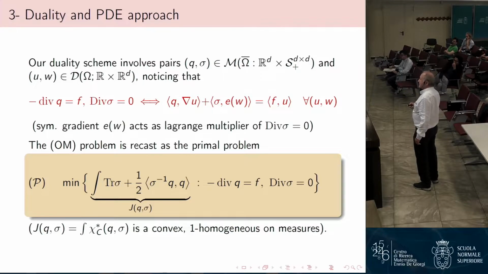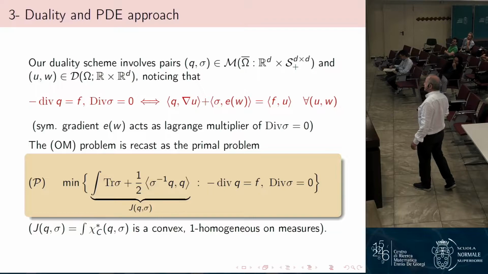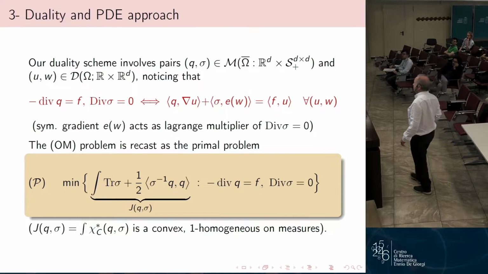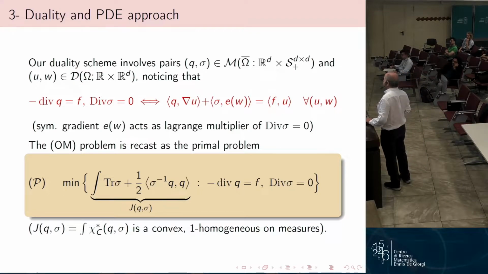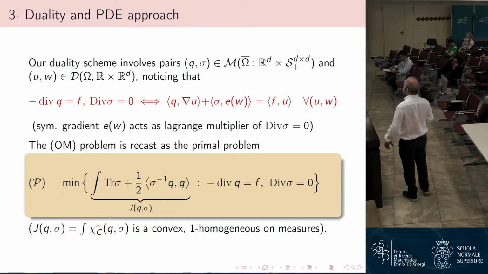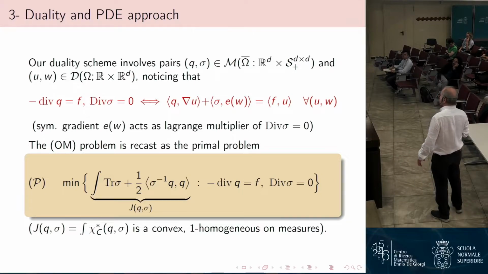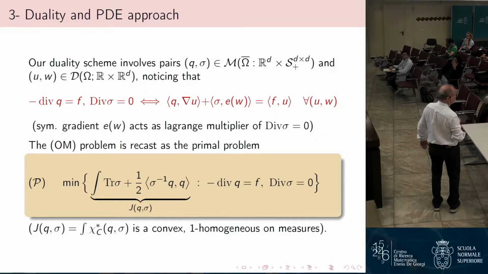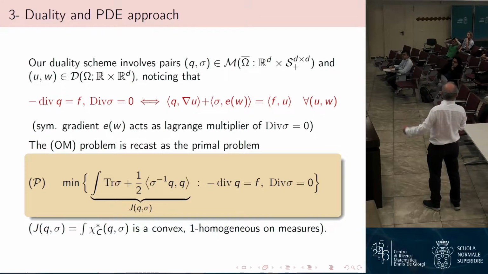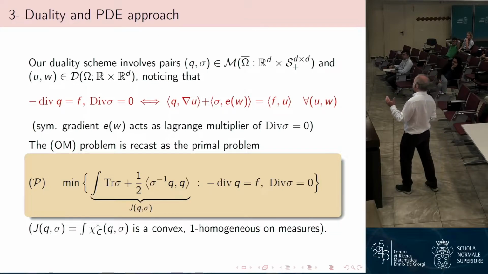So I can characterize the divergence-free function as the one such that the integral of sigma times the symmetric gradient of W, or the gradient is the same because sigma is symmetric. So if sigma is divergence-free, the integral of sigma with the symmetric gradient of W, integrated with respect to a measure against a smooth function, is 0. Okay, and it is true for any W.